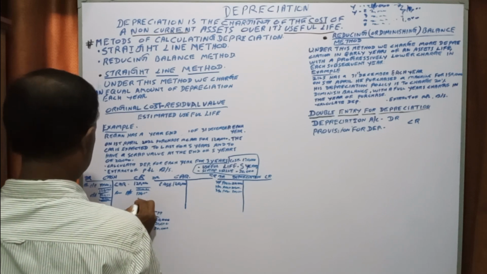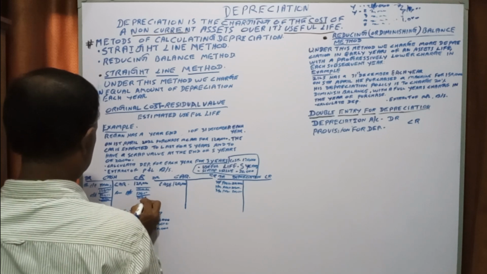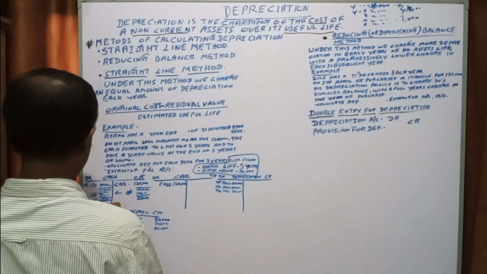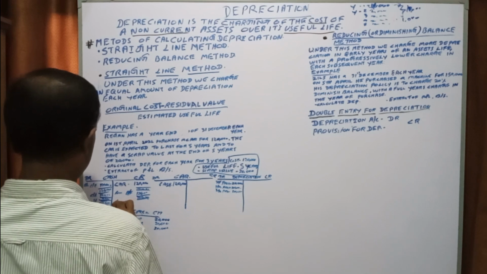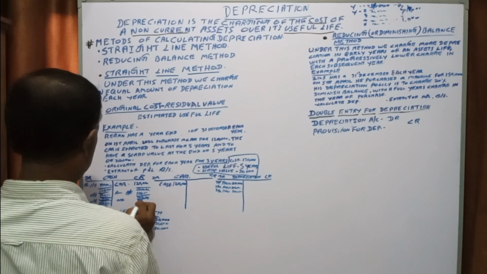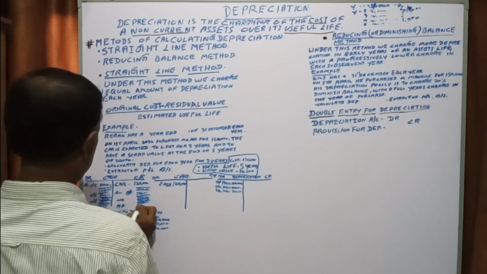Here carried down 120,000. Here brought forward 120,000. Here brought forward 120,000.